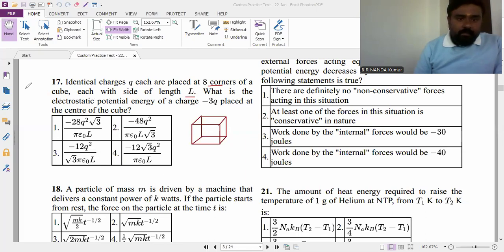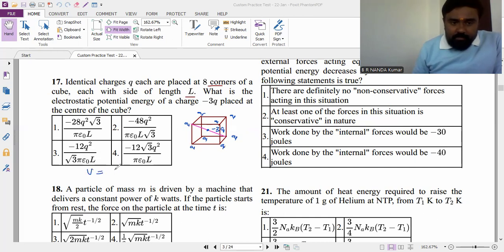Joining diagonally opposite corners with a line, the midpoint is the center. Here we place the minus 3Q charge, and the corners have charges Q, Q, Q. Actually here there are 8 interactions.